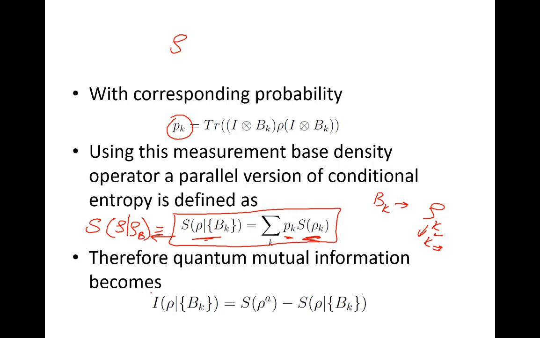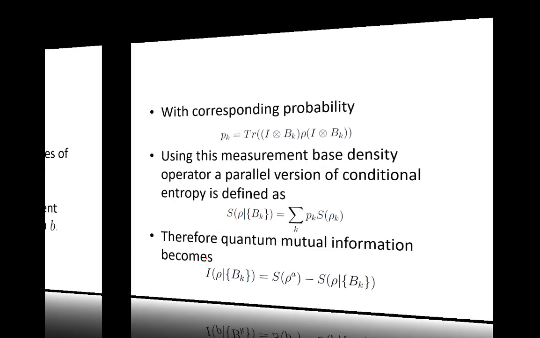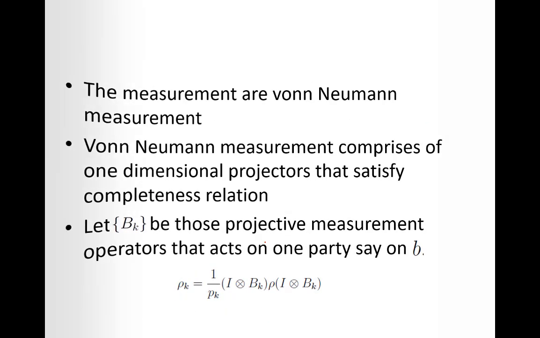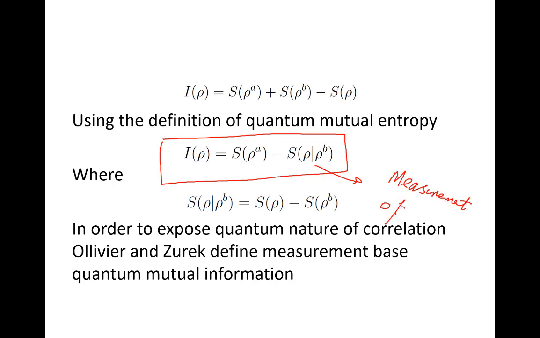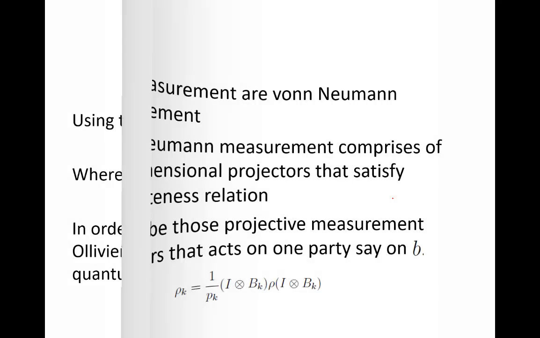then you will define your mutual information in terms of measurement operators. So now your mutual information is no more classical, rather it is dependent upon quantum measurement.